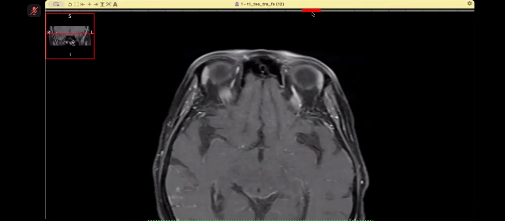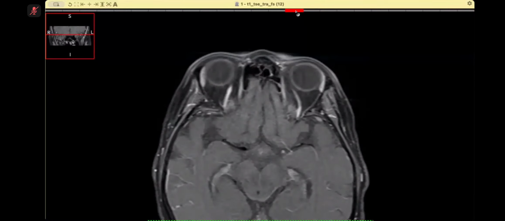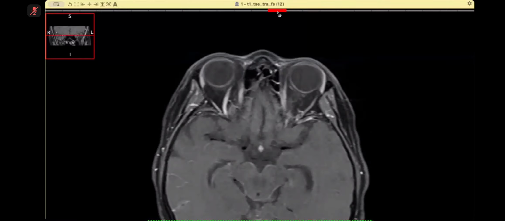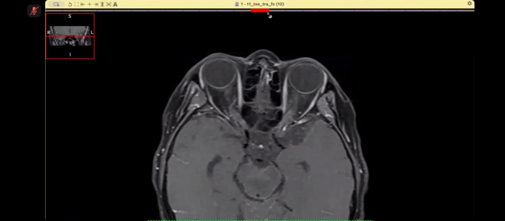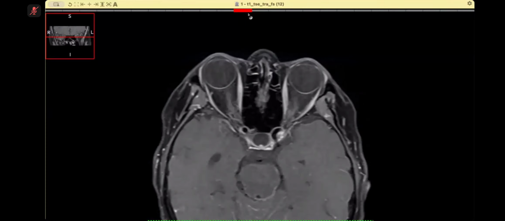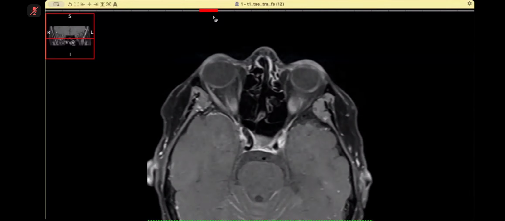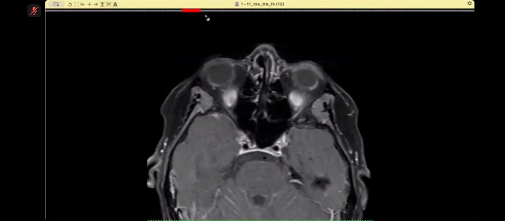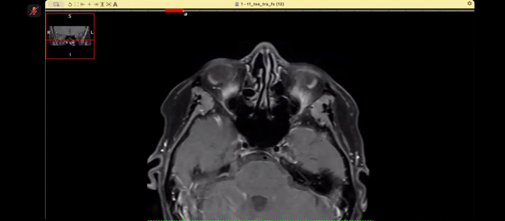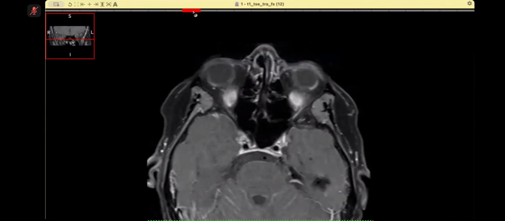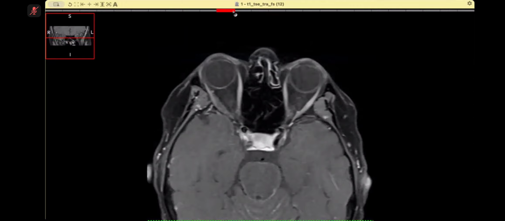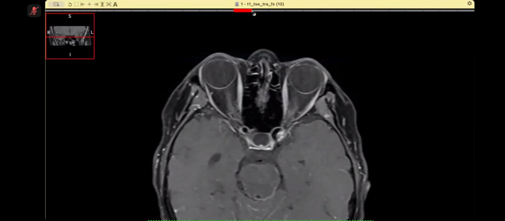So looking at these post-contrast axial slices, I'm just going to scroll, focusing on the orbits. So the left optic nerve.